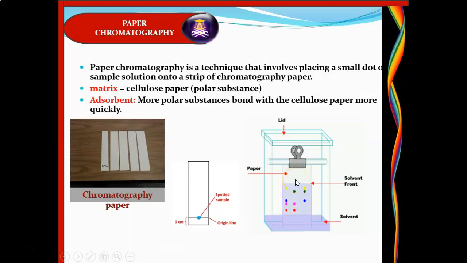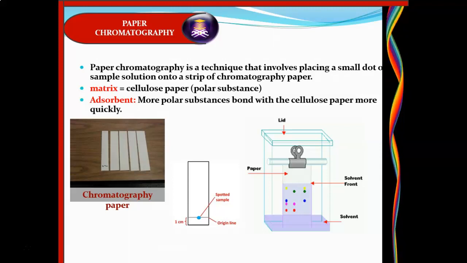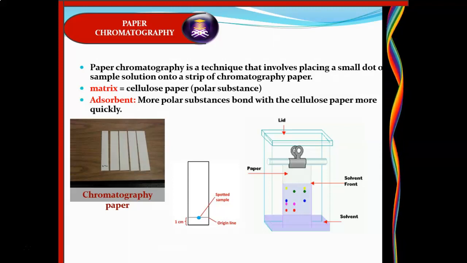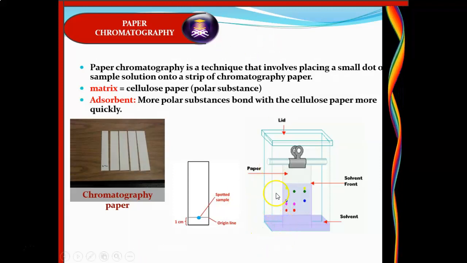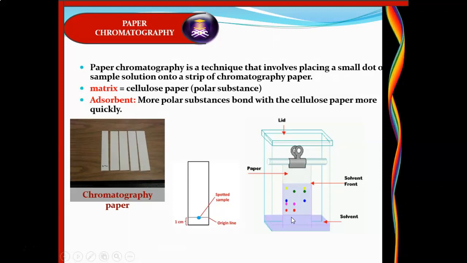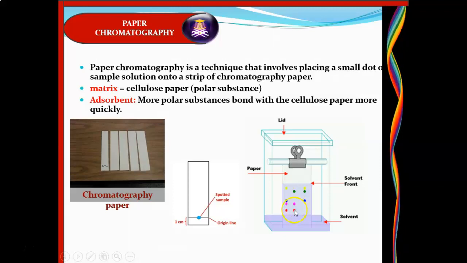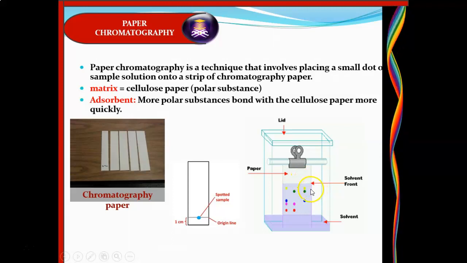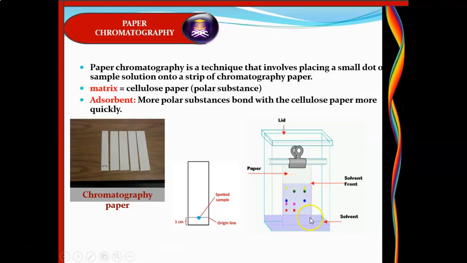Okay, there are two types of paper chromatography, which are descending and ascending. In this picture, it is ascending, which means that the movement of the compound is upward. If descending, the movement of the compound is downward.